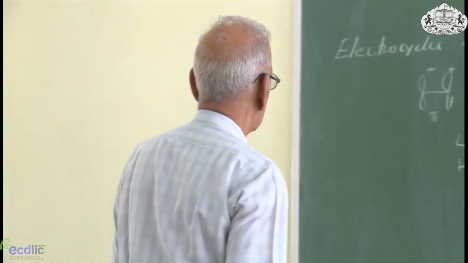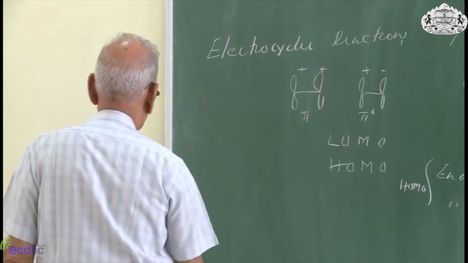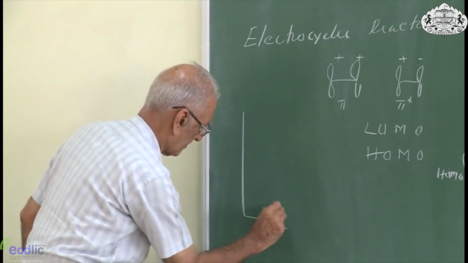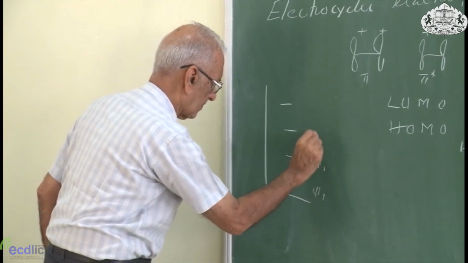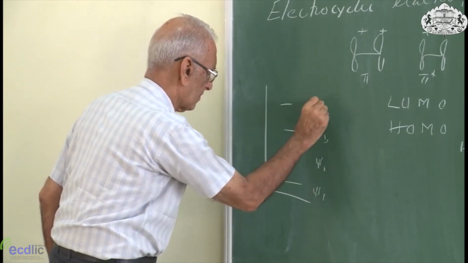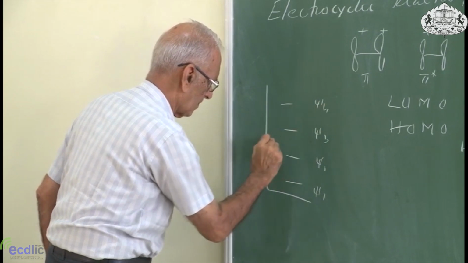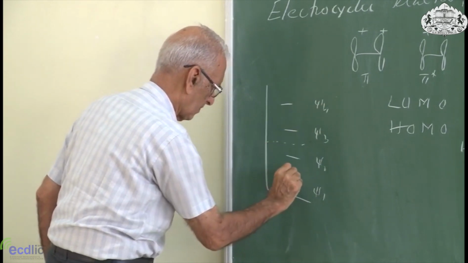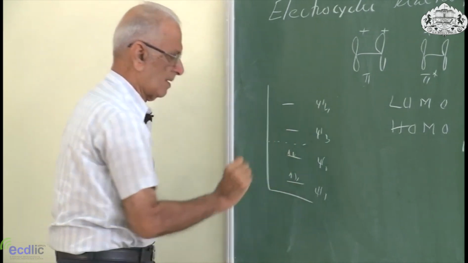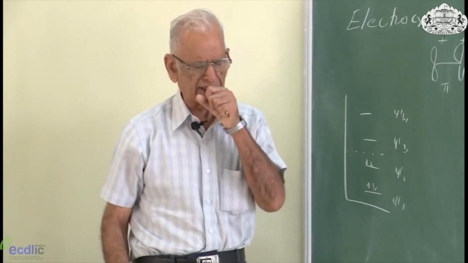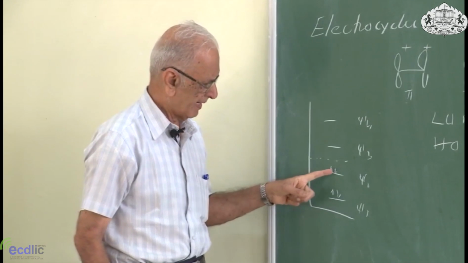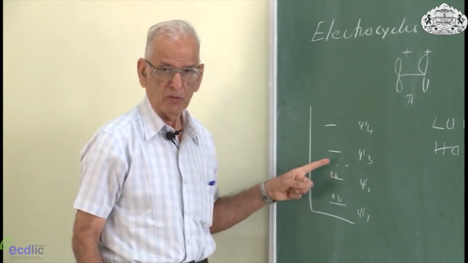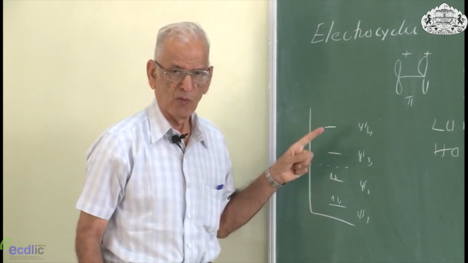Okay. When I do photochemical reaction, what happens? Electron from HOMO goes into LUMO.